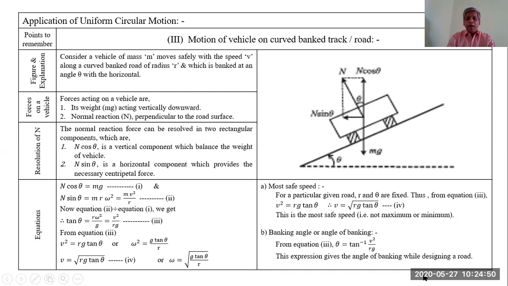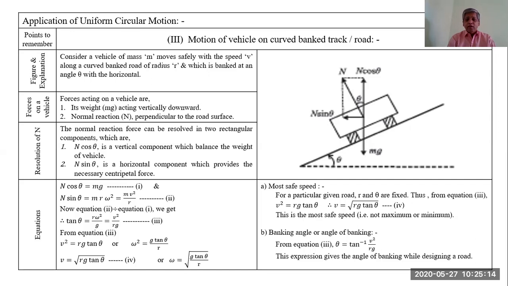In that case, what will happen? That gives the speed limit, minimum speed and maximum speed limit, which must be necessary at the curved road surface, and at that time, we consider the force of friction.